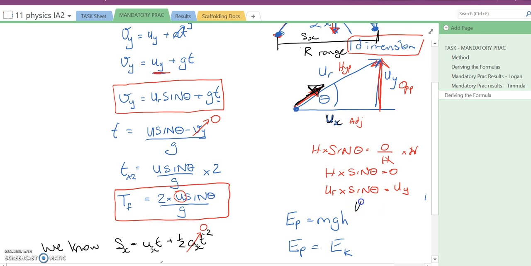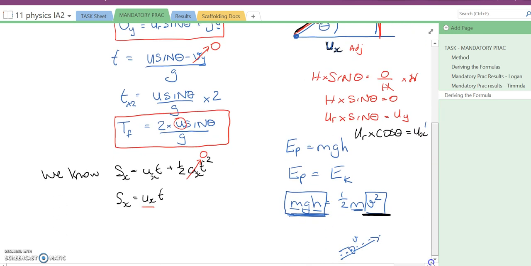And it so turns out that if we do u times cos of theta, that will be equal to the x component of the velocity. So we can now put this part here and substitute it down to here. So we have Sx is equal to u cos theta multiplied by the time.